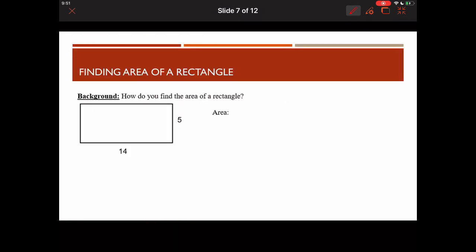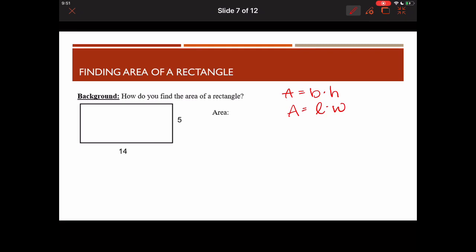We're gonna switch gears, and let's try to find the area of a rectangle. Hopefully you should be familiar with this. You found area of a rectangle before, right? So to find the area of a rectangle, we typically have this formula. Area is equal to either base times height, or some of you might say length times width. Whichever one, it doesn't matter. They both mean the same thing.